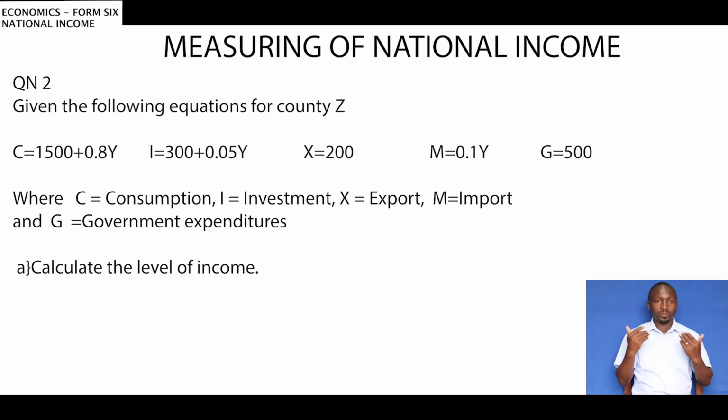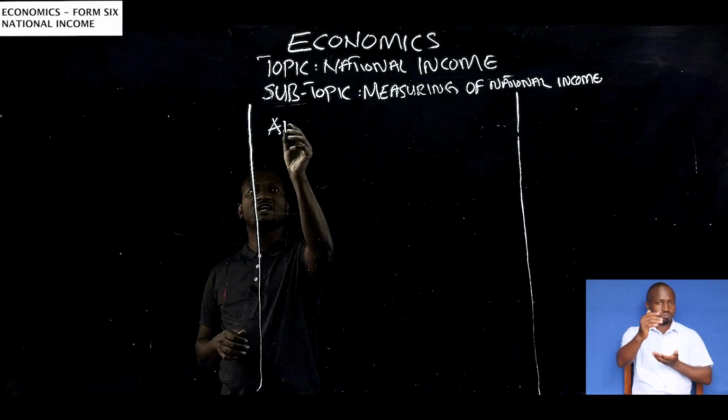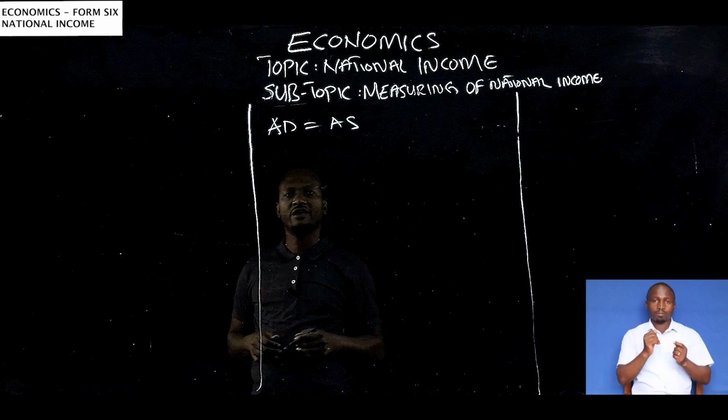So the question needs us to compute the level of income. A, calculate the level of income. Our solution: this question is concerned with Keynes' concept of aggregate demand, when we compute national income at equilibrium between aggregate demand and aggregate supply.